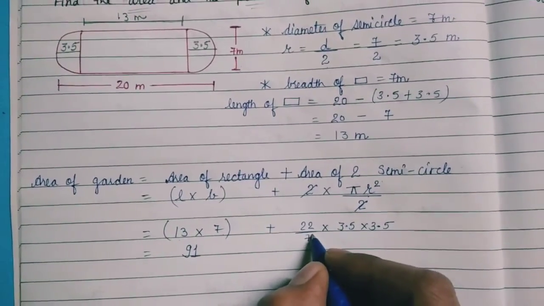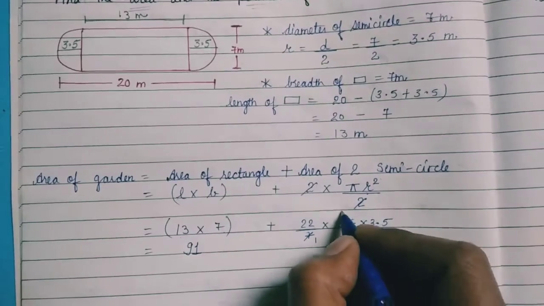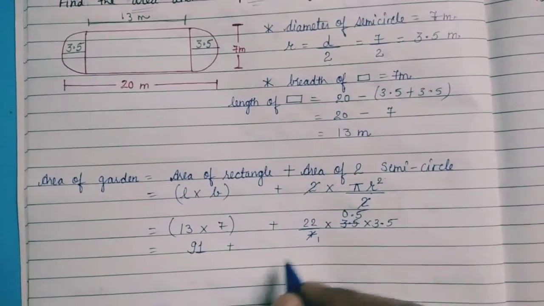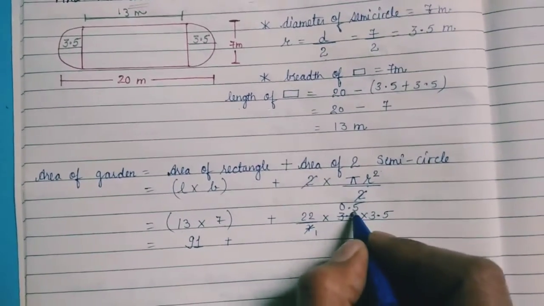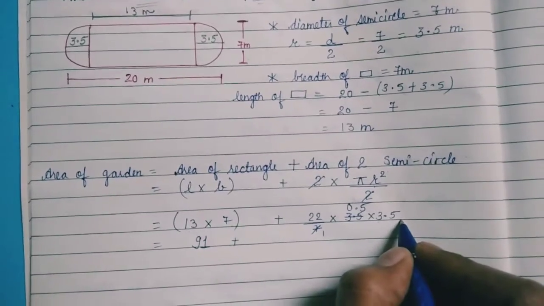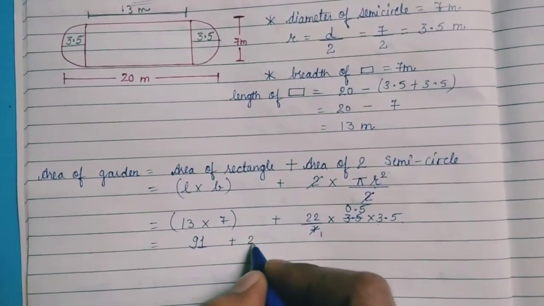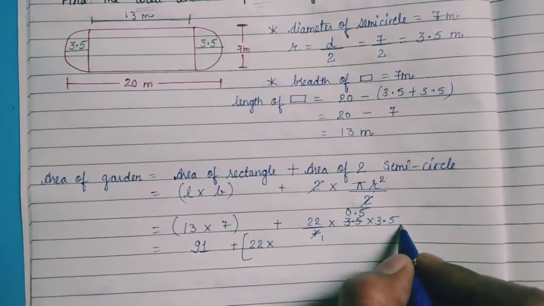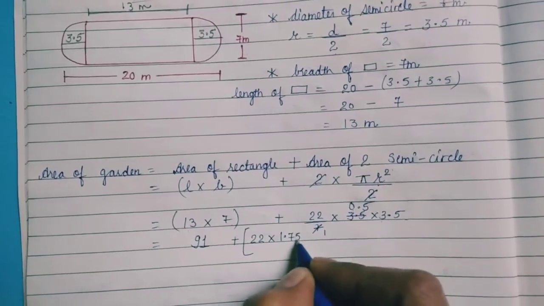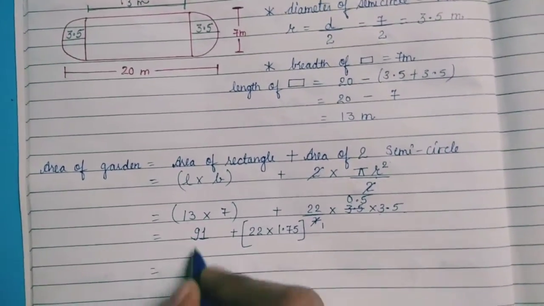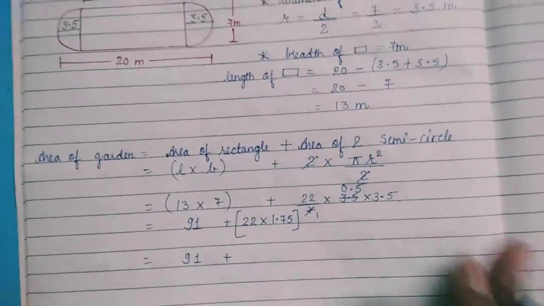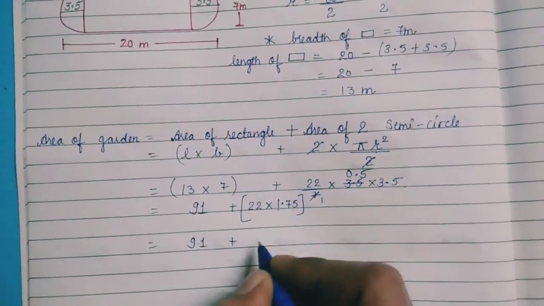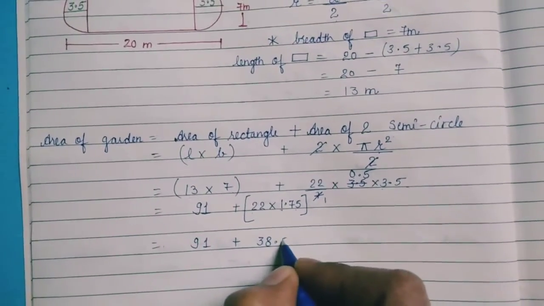Now we will divide 7 into 3.5, which gives 0.5 times. Now we need to multiply 22 with 0.5 with 3.5. So 22 multiplied by 0.5 multiplied by 3.5 will give us 1.75. Now 91 as it is. Now when we multiply 22 by 1.75, it will give us 38.5.